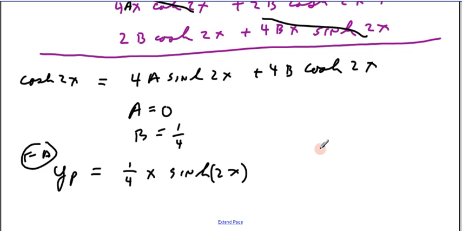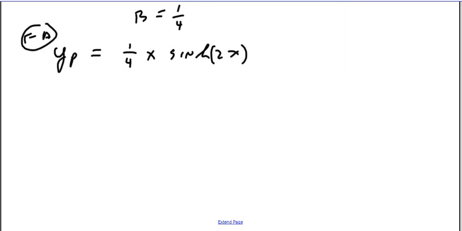Okay. Do I need to check it? No, I basically, well, maybe I do. I don't know. Why don't we check it? Y particular is 1 over 4 x hyperbolic sine 2x.